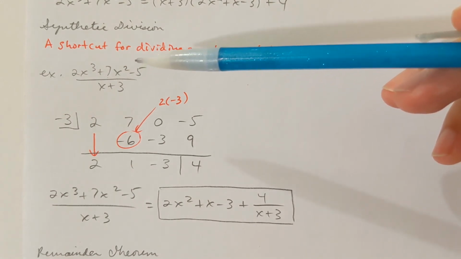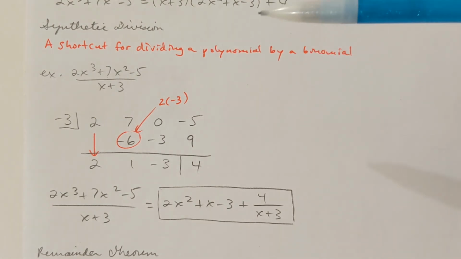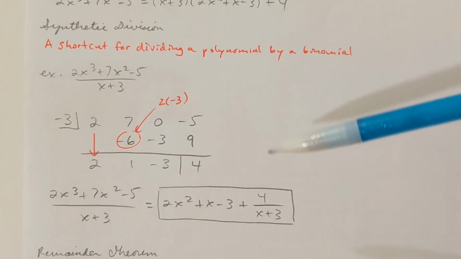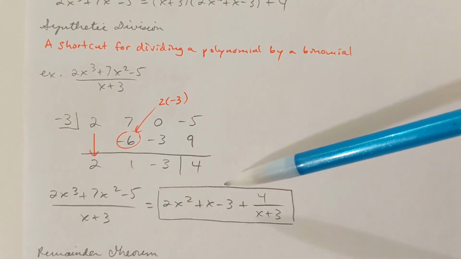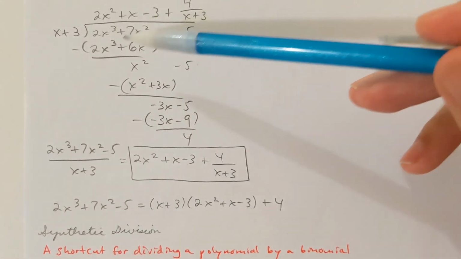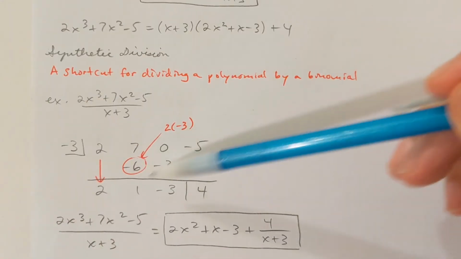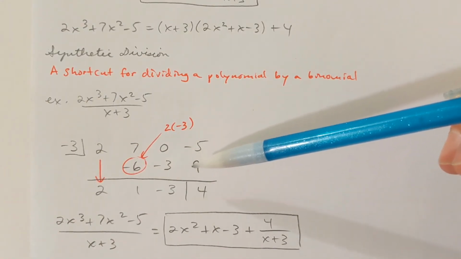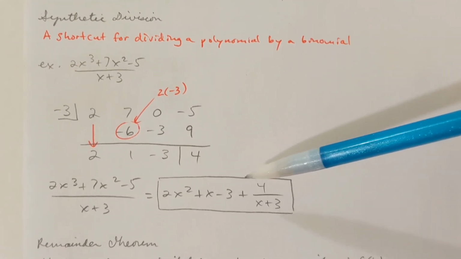So we've got to make sure that we have a binomial in the denominator. The reason why it's quicker than long division is because in long division I'm writing x each time, and I'm not doing that here. I'm only using the coefficients in dividing.